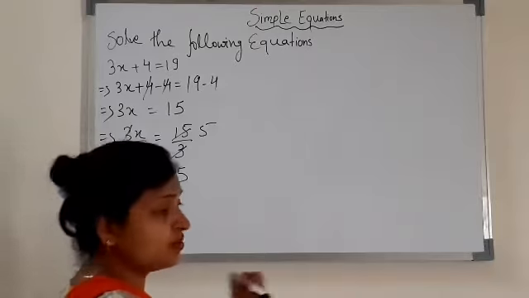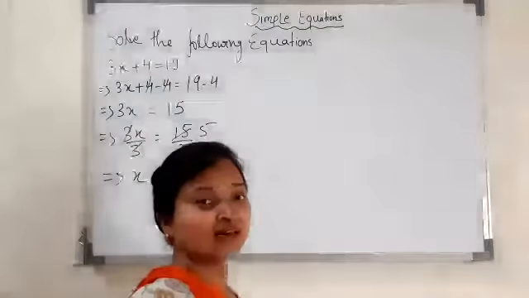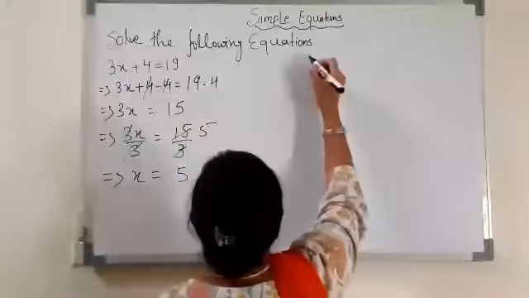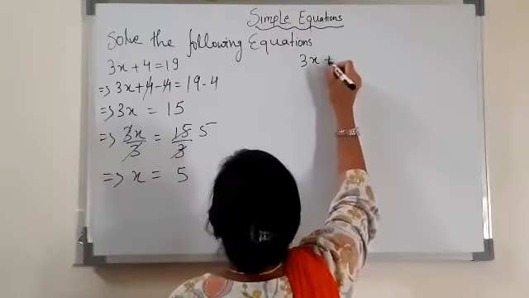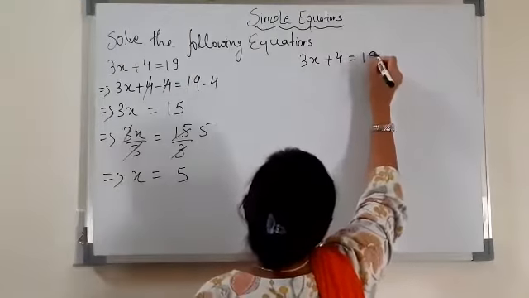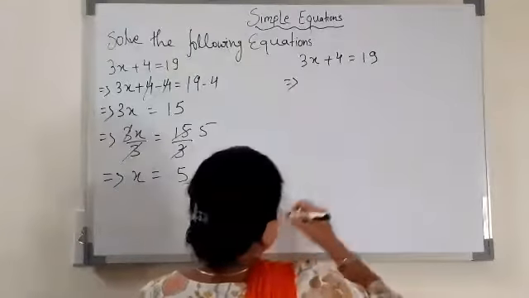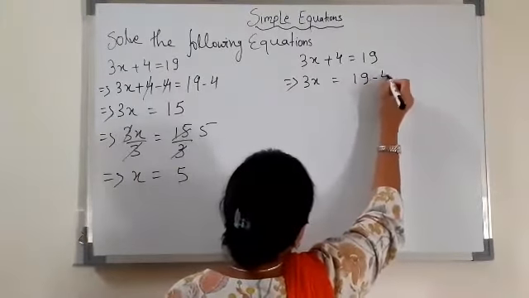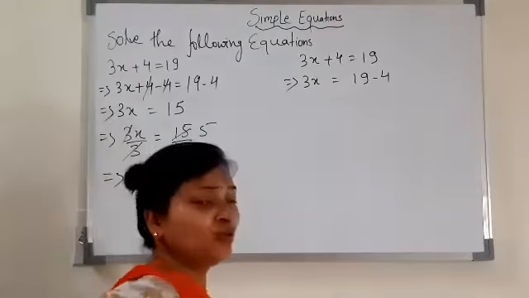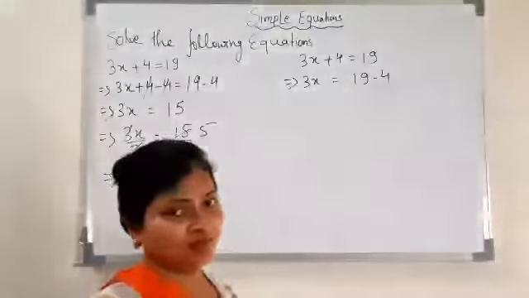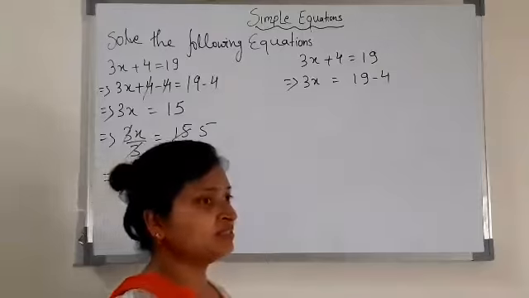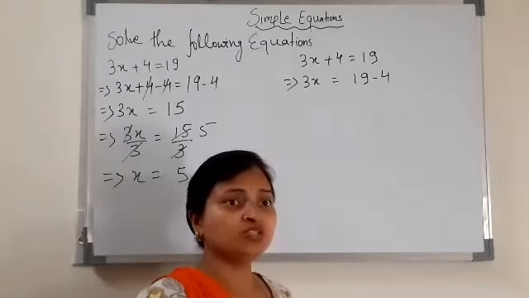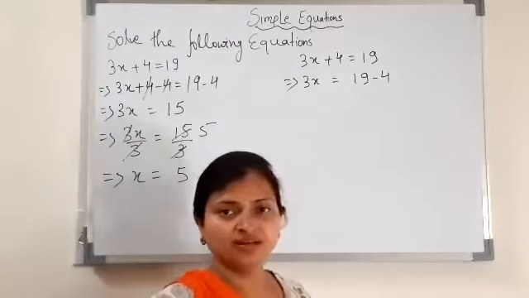Now the same question I am going to do with the help of the transposing method. 3x plus 4 is equal to 90. The next step is 3x is equal to 90 minus 4. Now children, you might be wondering how it has happened. Transposing means nothing but to change the side of the number.